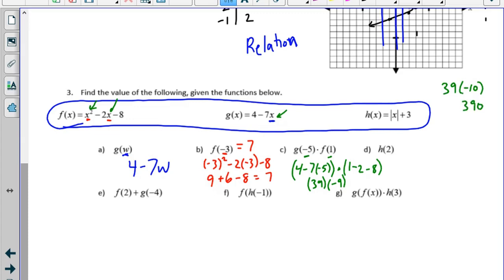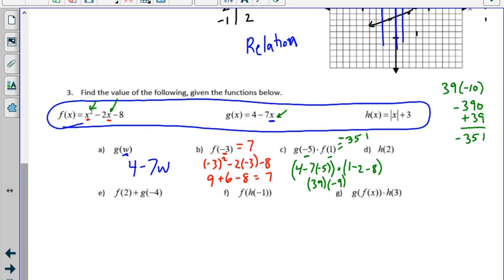But then I have to add back a 39. That is probably the easiest way to think about doing that one. So when I do that, I end up with negative 351. So letter C is negative 351.